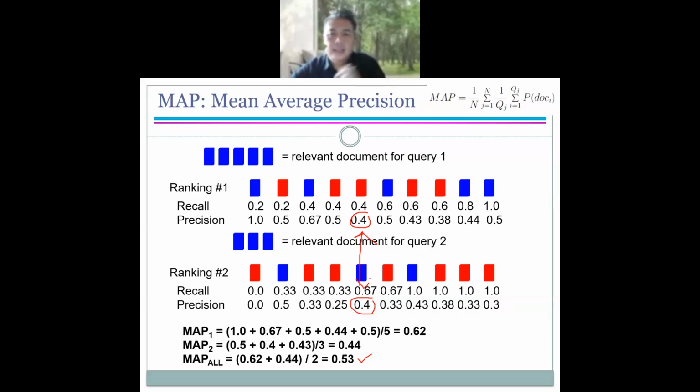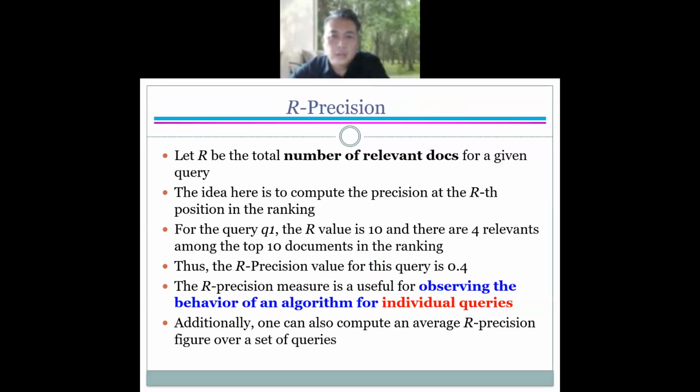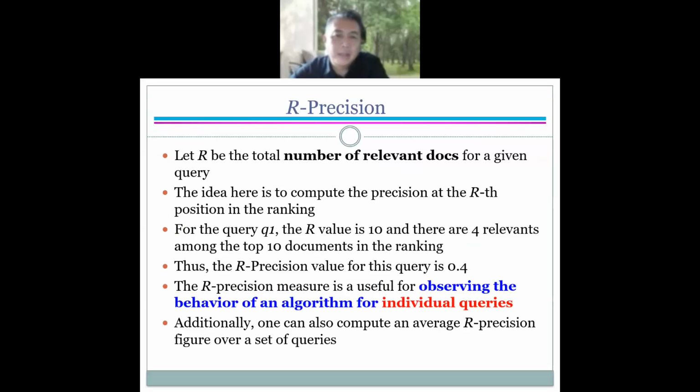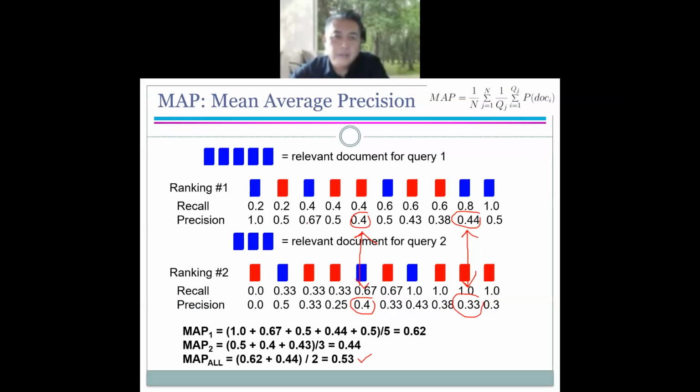So in this case, 0. Okay, we take another one, this one and this one. So the difference is 0.11. So this one is higher. So when we plot the graph, it is something like this. A is query number 1 and B is query number 2. Sometimes you get 0, sometimes you get positive, and sometimes you get negative, depending on the differences.